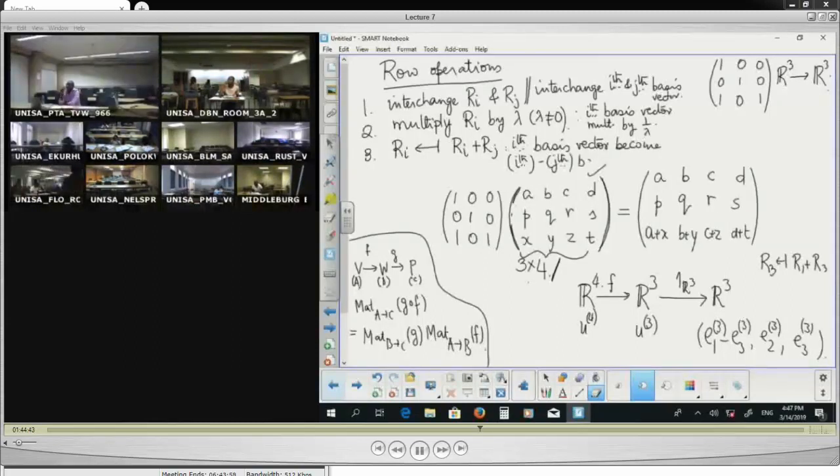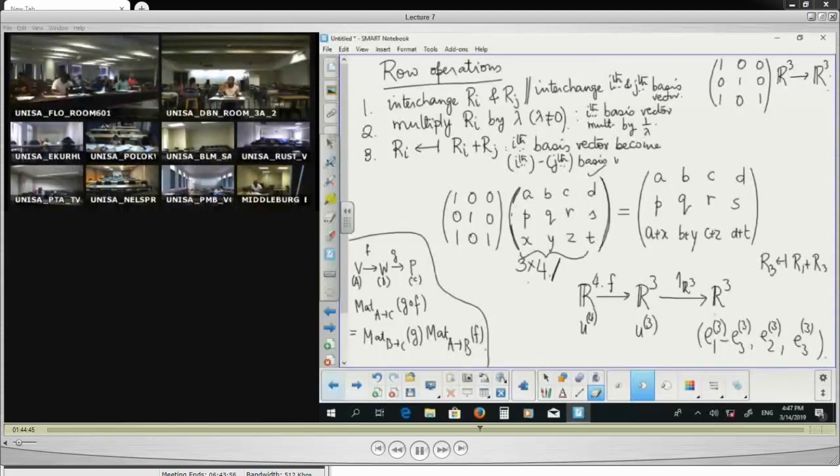So you see, the row operations all have this common feature. Row operations mean actually change of basis.